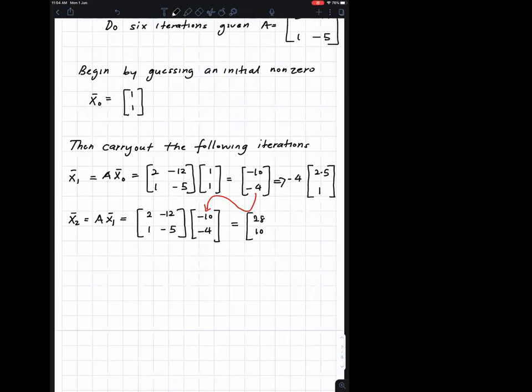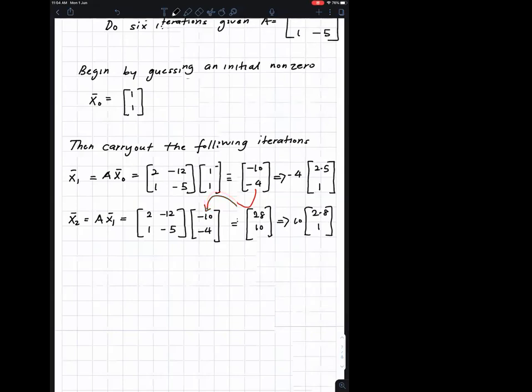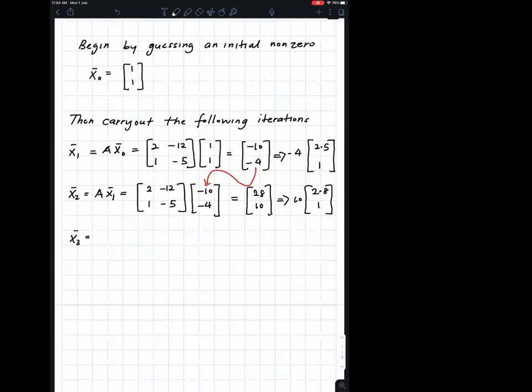Factor out 10, the smallest magnitude. Then next, it will be A multiplied by x2 bar.